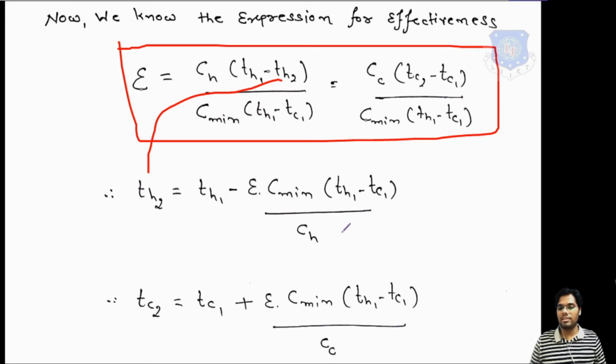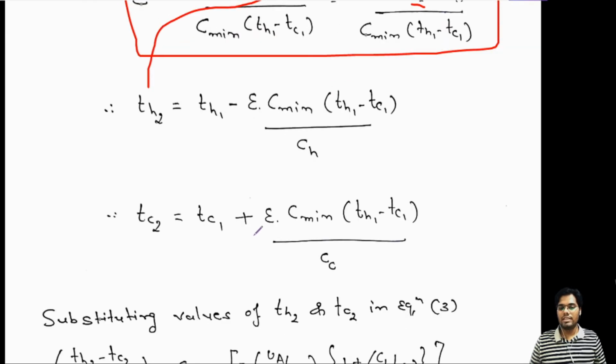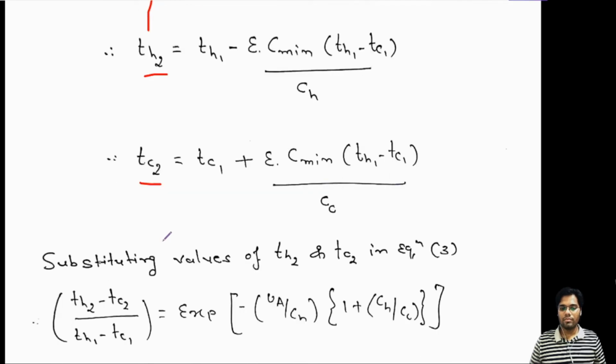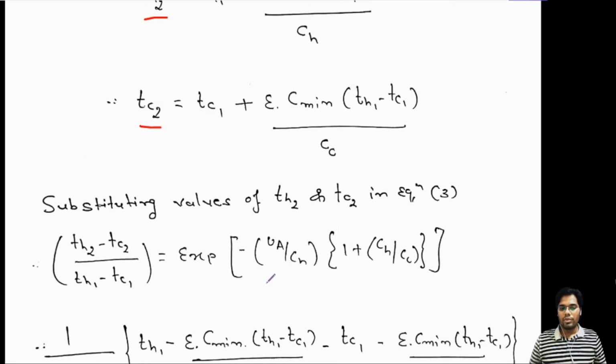and by this equation we can write Tc2 is equal to Tc1 plus epsilon C minimum (Th1 minus Tc1) upon Cc. So in our equation 3, putting this value of Th2 and Tc2, this is our equation number 3.